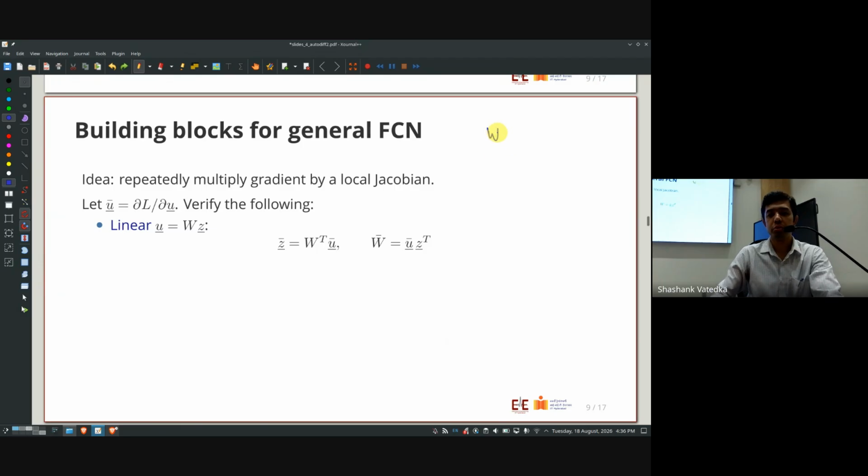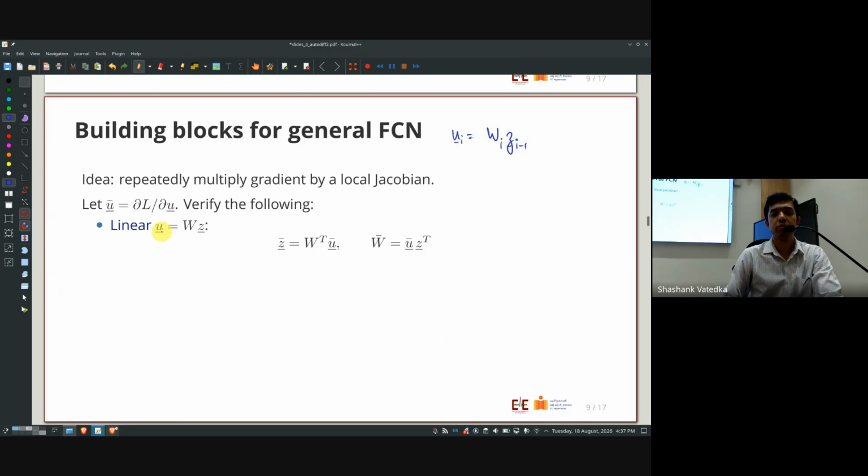So I have something like Wi times Zi minus 1, and I may be interested in finding the partial derivative of L with respect to Wi, or with respect to Zi minus 1.